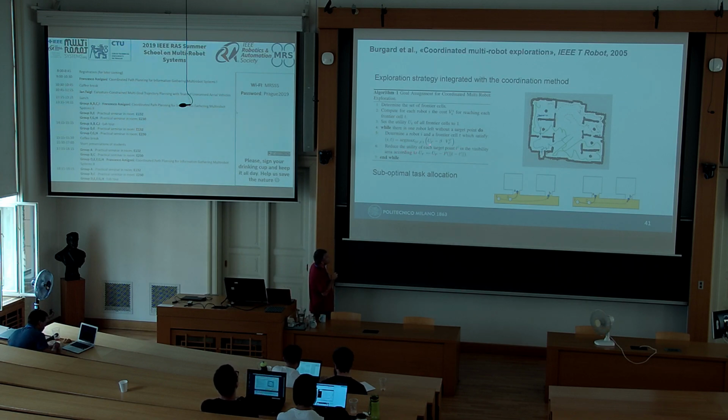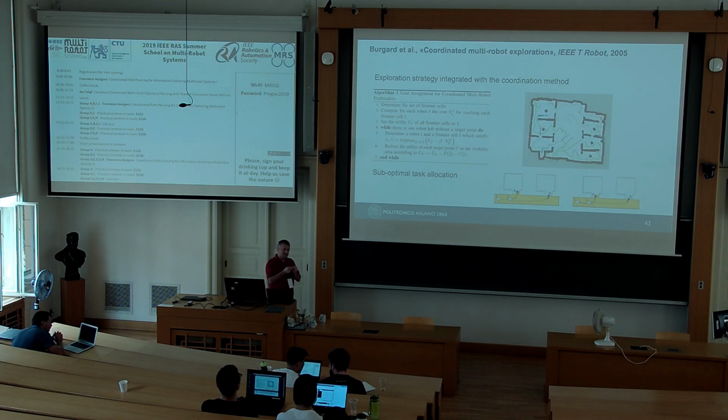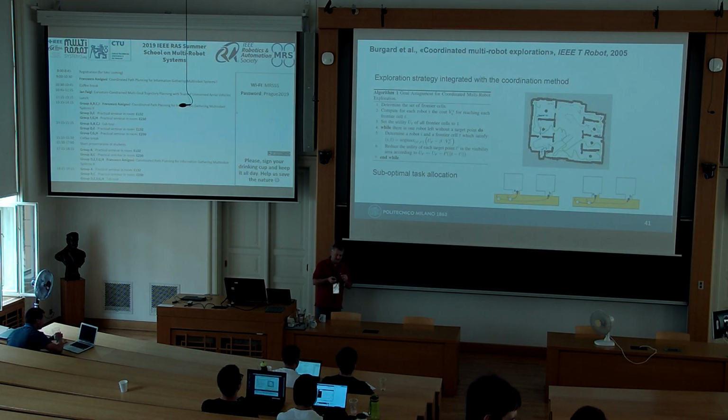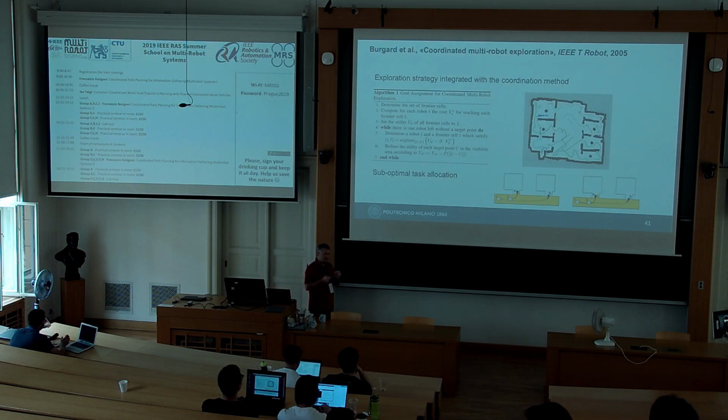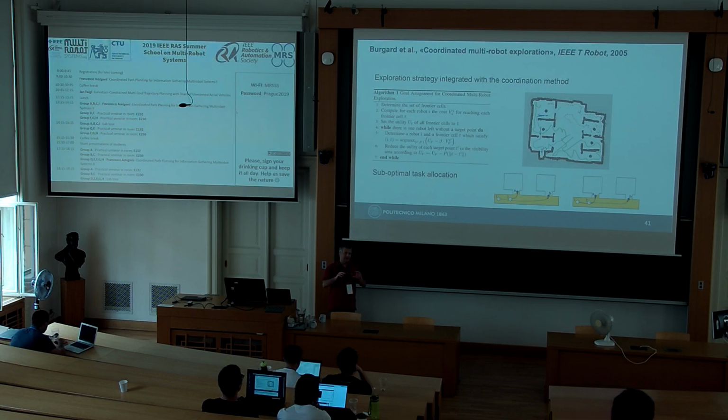So you find out the best pair, robot and frontier, and at this point comes the interesting part. You reduce the utility of other frontiers according to the fact that they are close to the frontier that has already been assigned to a robot. The idea is that if you assign a frontier to a robot, the other frontiers close to this one will have their utilities decreased, because the information that you can acquire from them can likely be acquired from the frontier assigned to the robot.